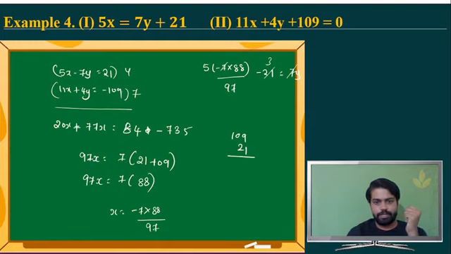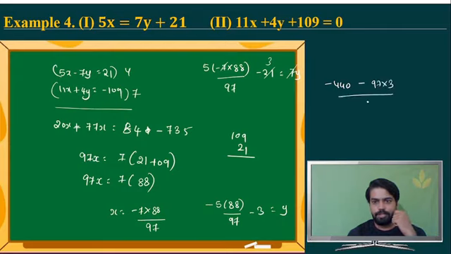So what I get here is minus 5 into 88 by 97 minus 3, so that is equal to y. Even though it's a complicated number, we can just find the value of it and keep it. So it is minus 440 minus 97 into 3, whatever it is, let's keep it, divided by 97.